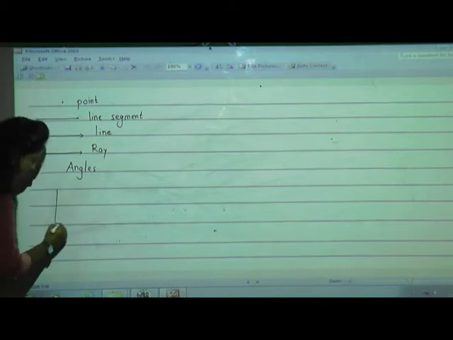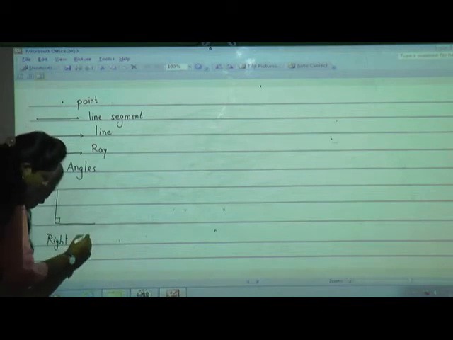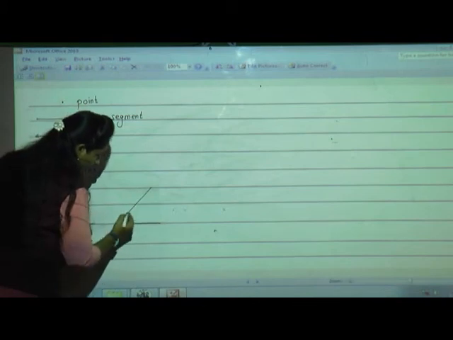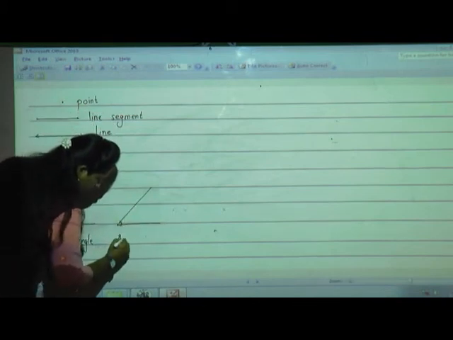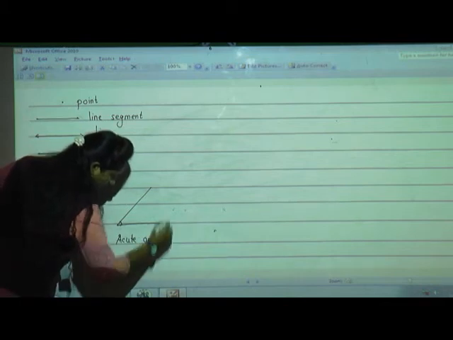Yes, a right angle is exactly 90 degrees. And an acute angle means less than 90, isn't it?